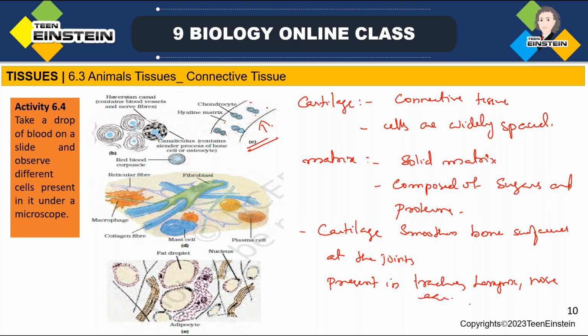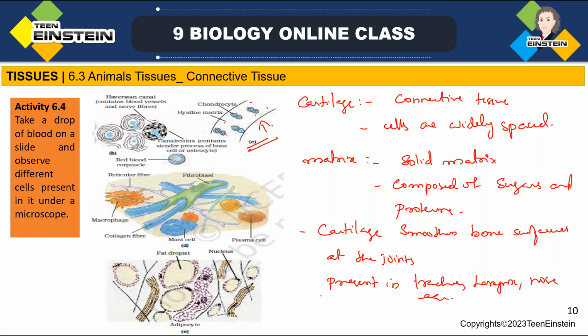Just touch your ears and feel that we can fold the cartilage of our ears, right? But what about arms? We cannot fold the bones of the arms. So just think how these two tissues, bone and cartilage, are different.